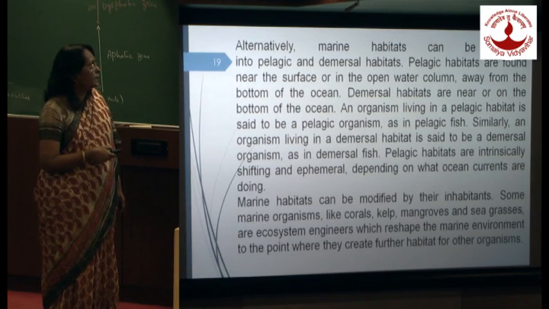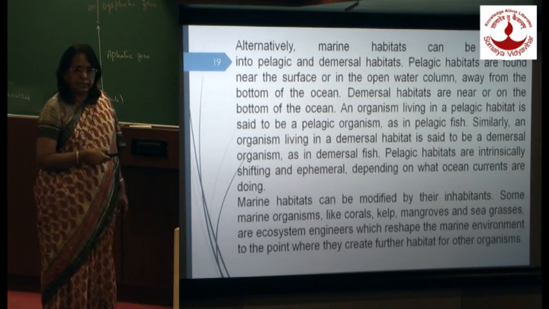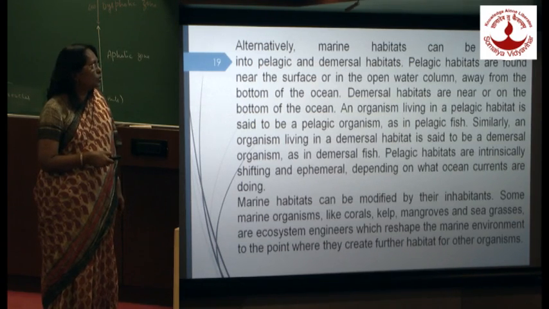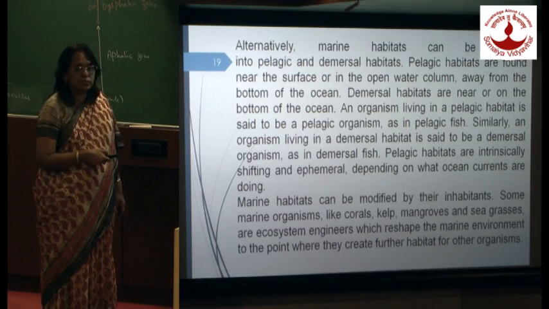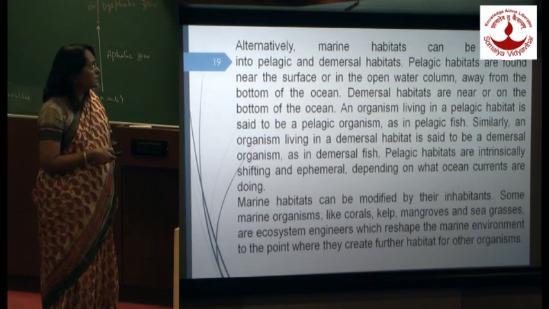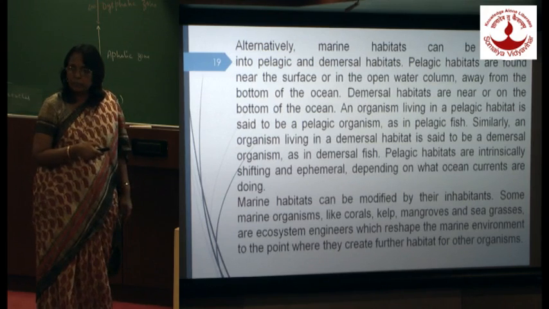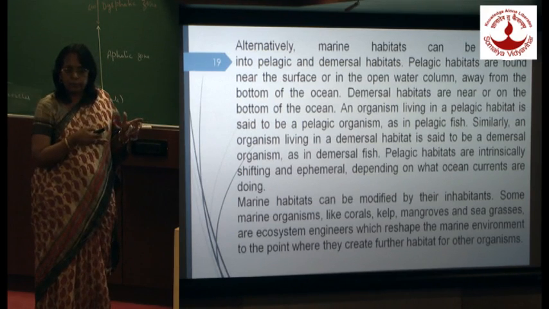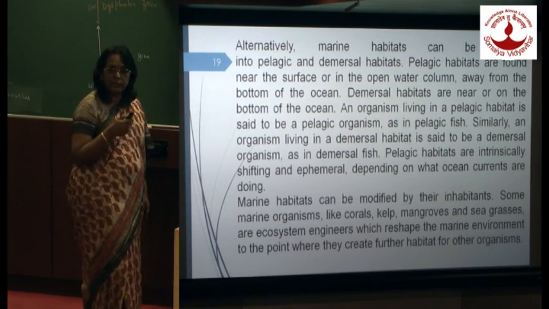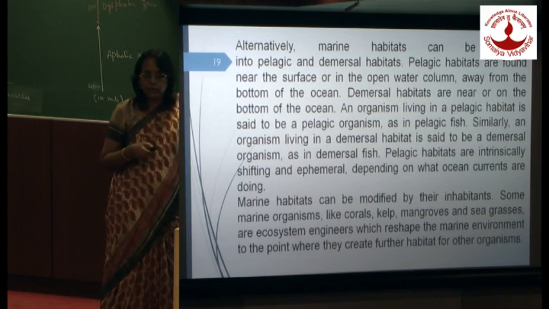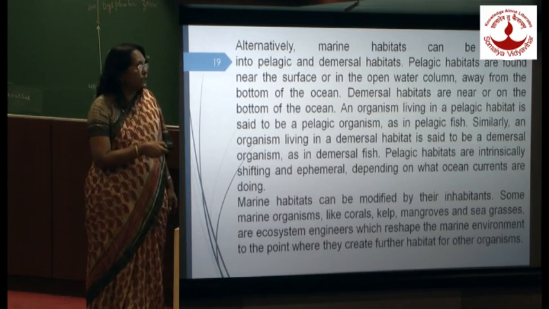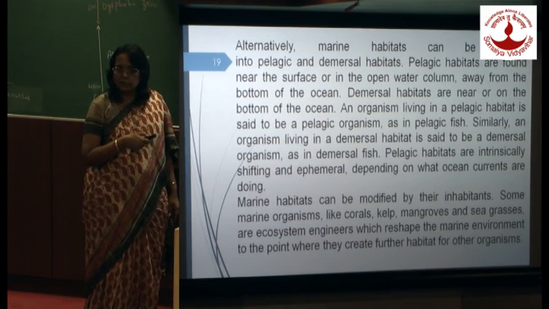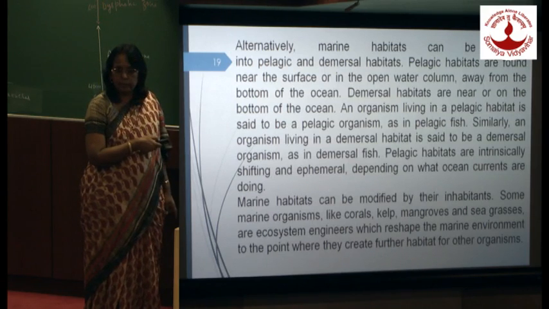Alright. Now marine habitats can be modified by their inhabitants. Some marine organisms like corals, kelp, mangroves and sea grasses are ecosystem engineers which reshape. Now see, you will find these corals or coral reef not at the bottom of this. You will find it more towards the shore, and they require clean, clear water with a definite temperature. And you will find in this ecosystem maximum beautifully colored fish, because the visibility here is very high.